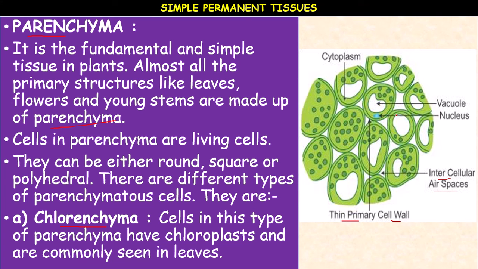They occur commonly in the leaves and green parts of the plant. What function do they perform? Photosynthesis. The palisade parenchyma is the tissue present inside the leaf, containing a large number of chloroplasts and involved in photosynthesis.